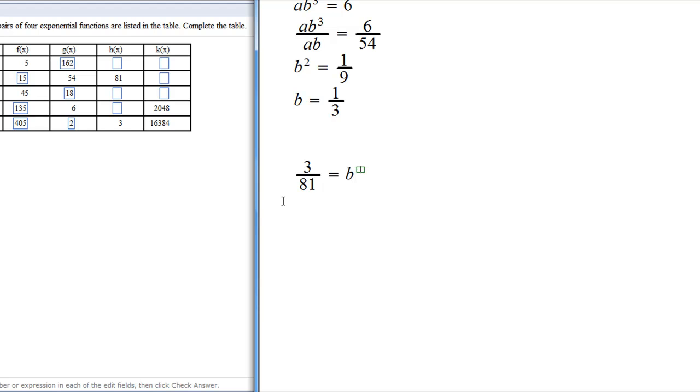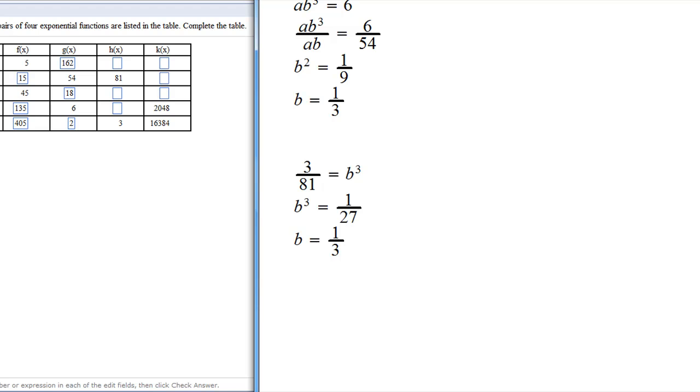If we simplify it, b cube is 1 over 27, and if you take the cube root, b equals simply 1 over 3.